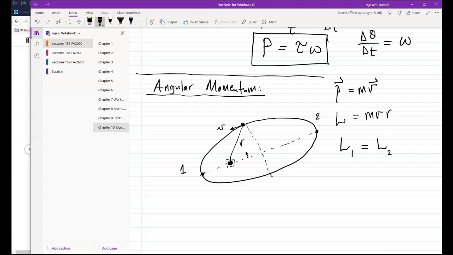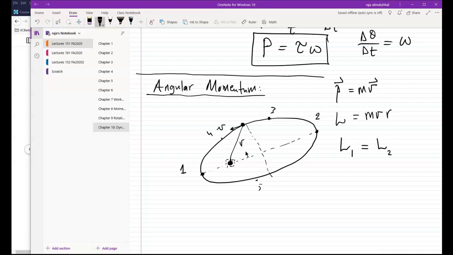It's equal to the angular momentum at position 3 and 4 and 5 and so on. Angular momentum is conserved, which means it is always exactly the same all through the path of the trajectory. You understand what I'm saying?